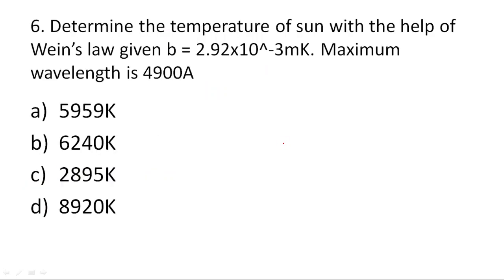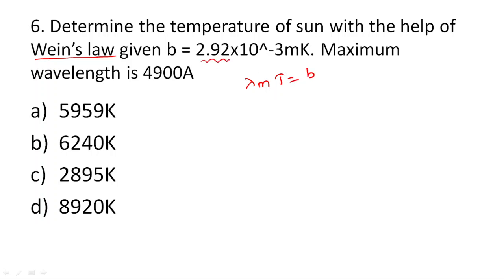The next question is, determine the temperature of the sun with the help of Wien's law. The given Wien's constant B is equal to 2.92 into 10 to the power of -3 meter Kelvin, and the maximum wavelength is 4,900 angstrom units. Almost all questions are based on Wien's displacement law.